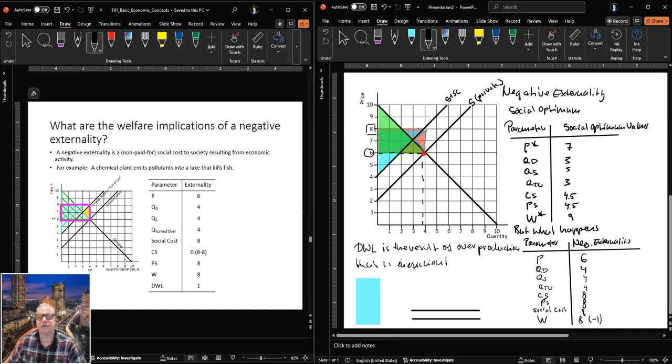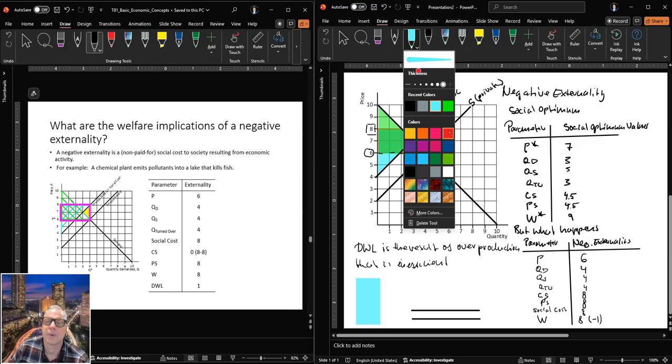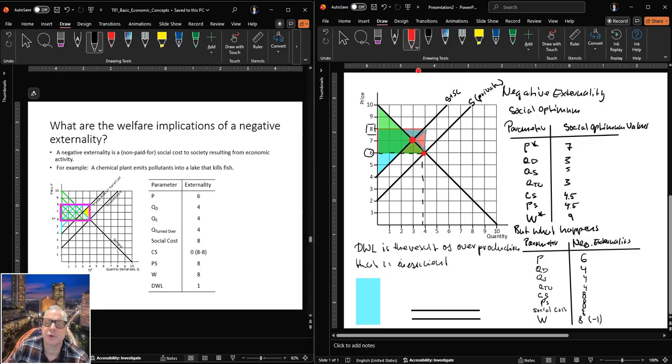That is inefficient. So the deadweight loss is the result of overproduction that is inefficient. So we should produce only here. We should produce here, but we produce there.